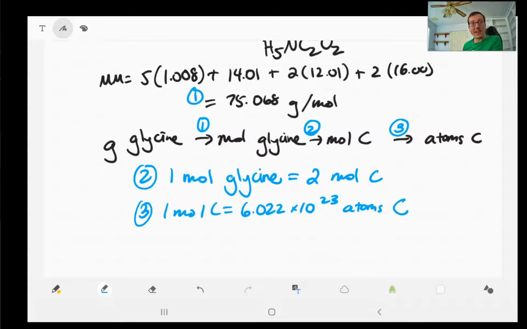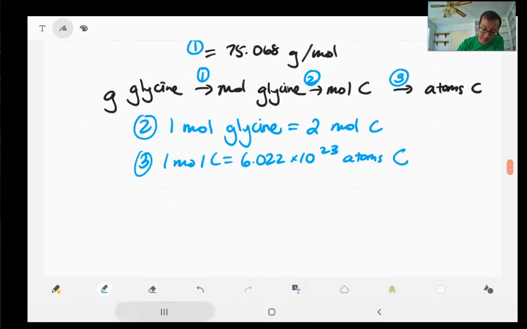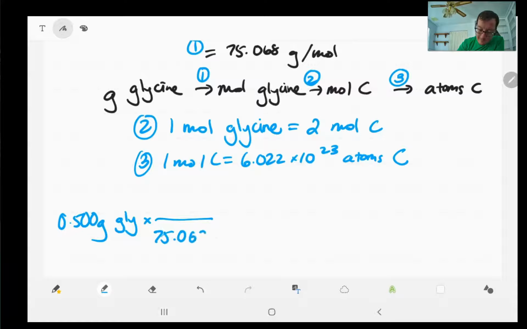So we're going now from moles to atoms. Setting it up, what do we have? 0.5 grams of glycine. Grams is going to go underneath, all glycine. Our second conversion factor was moles of glycine to moles of carbon.